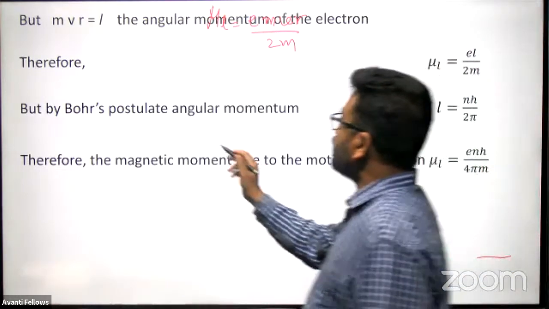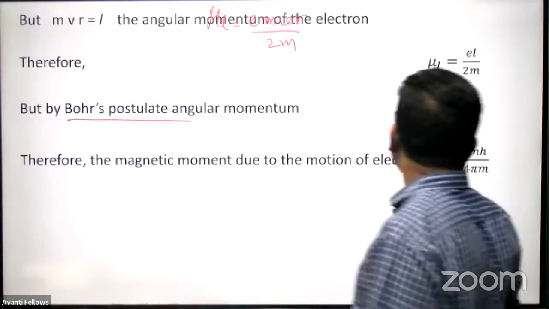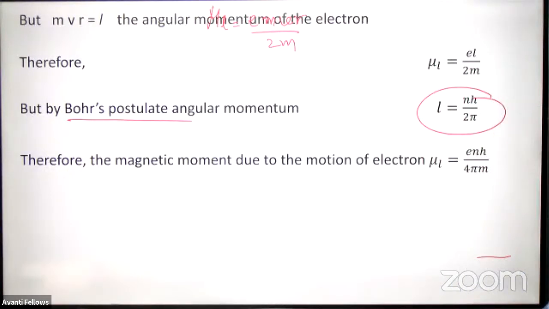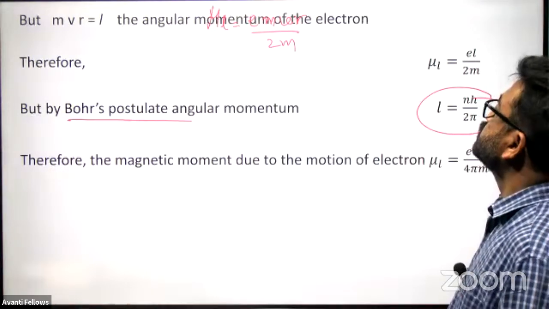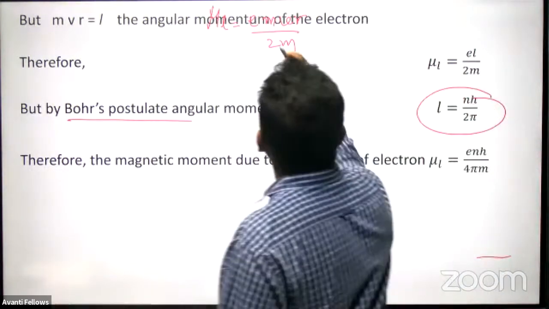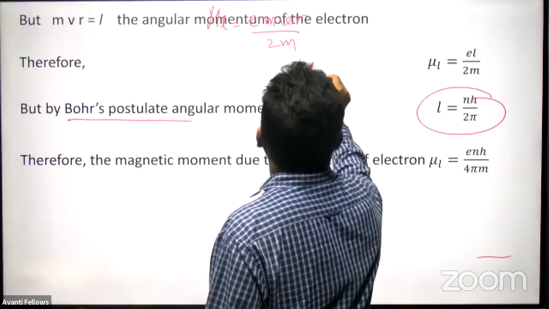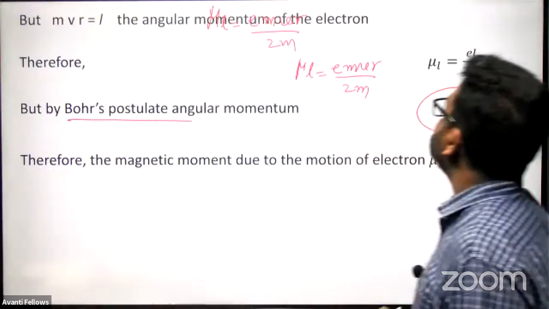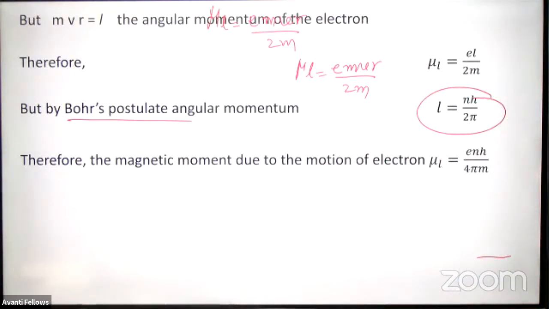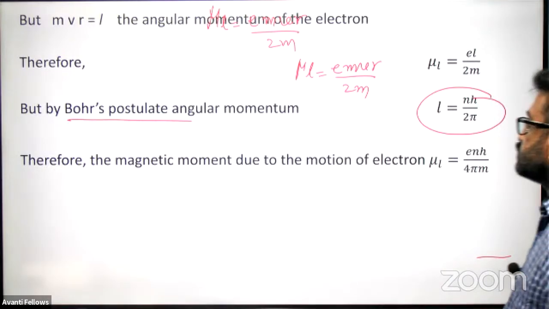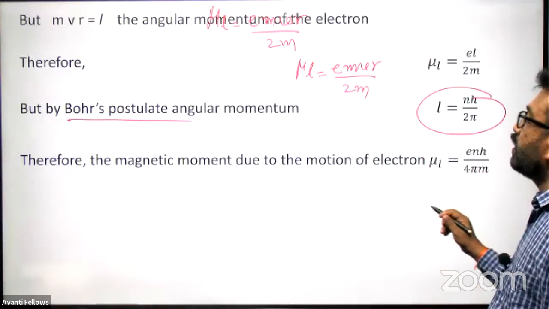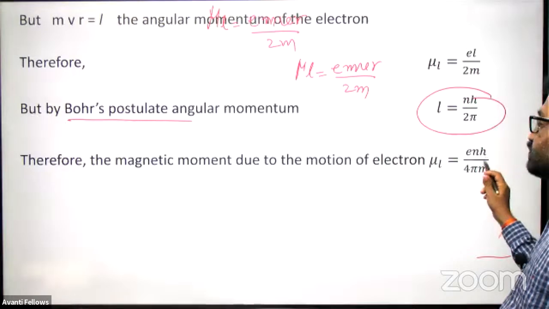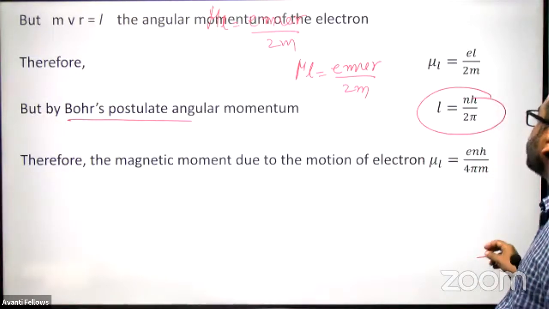Then by Bohr's postulate, angular momentum L equals n h by 2 pi. In mu L equals e into m v R by 2m, we substitute this value for the angular momentum, and we get e into n h by 4 pi m.